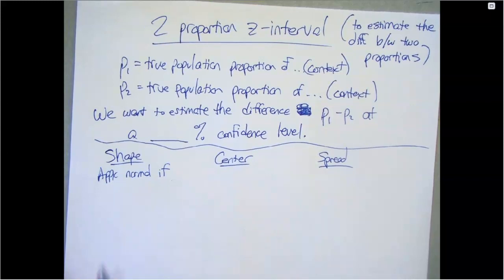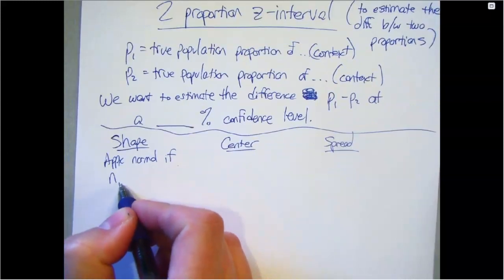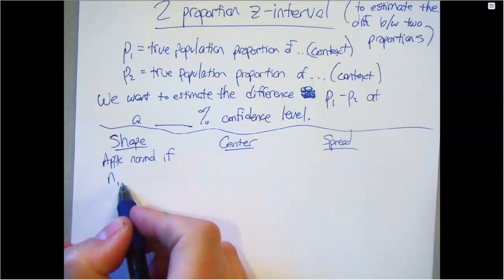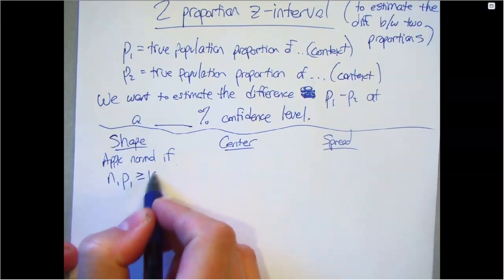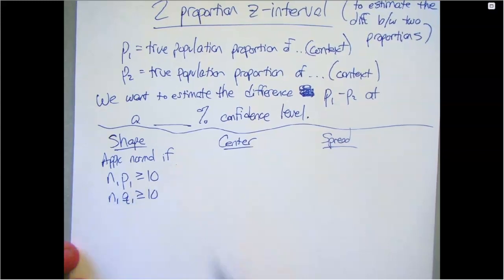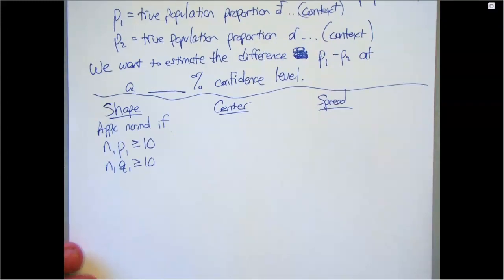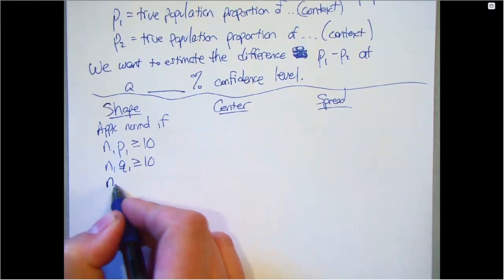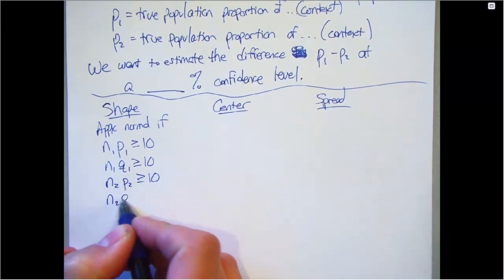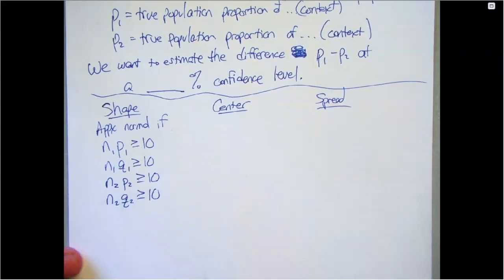We used to have NP greater than or equal to 10 and NQ greater than or equal to 10, and now there's 2 P's, so we have to do N1 P1 greater than or equal to 10, N1 Q1 greater than or equal to 10, and then N2 P2 and N2 Q2.